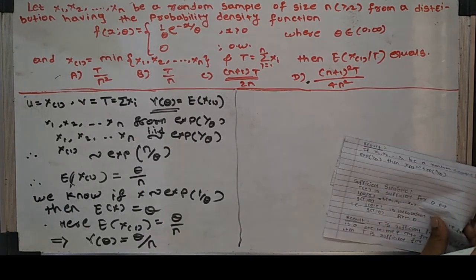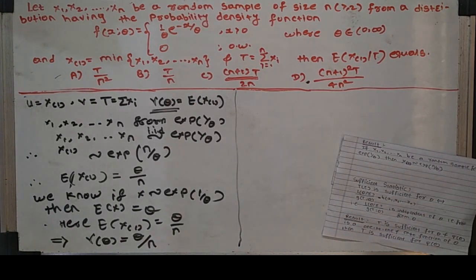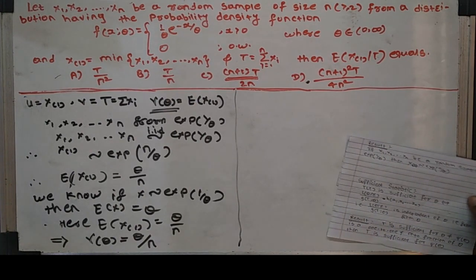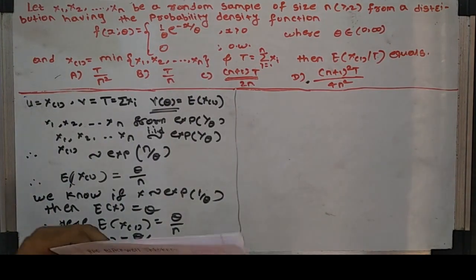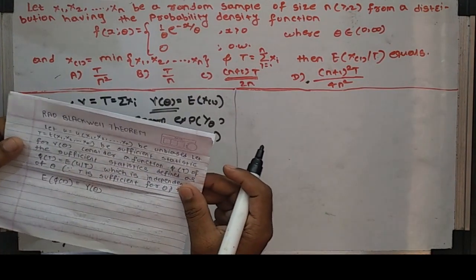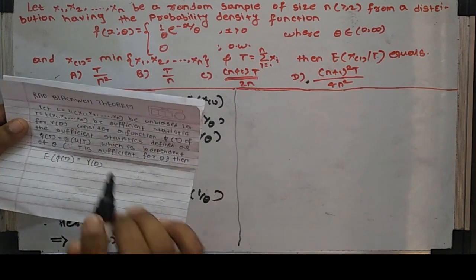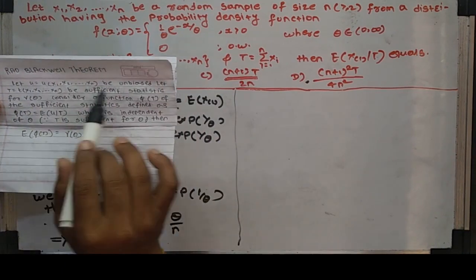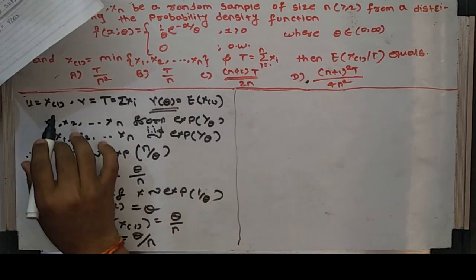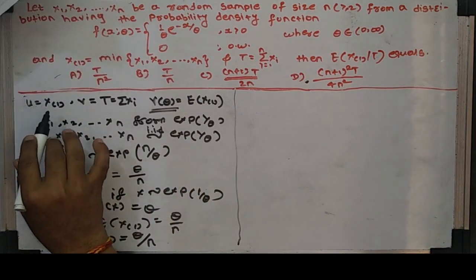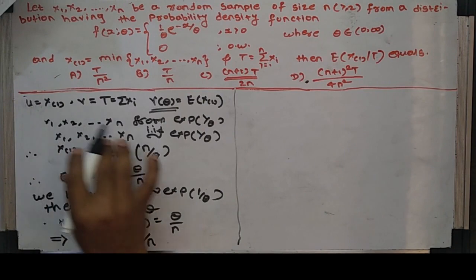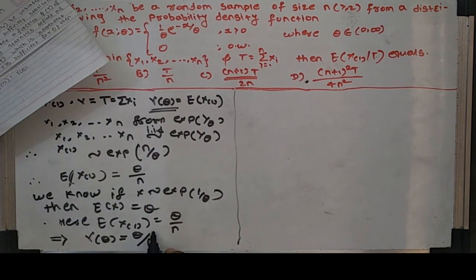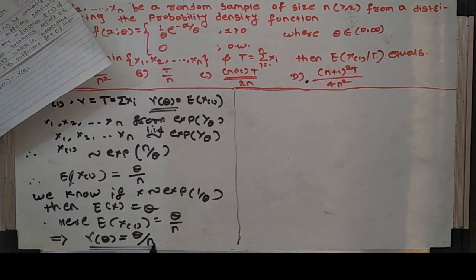Second step, we show that T is a sufficient statistic. Sufficient statistic only, not complete. See, in the Rao-Blackwell theorem, U is unbiased. Here we prove that U equal to X(1) is unbiased for theta by n, that is gamma of theta.